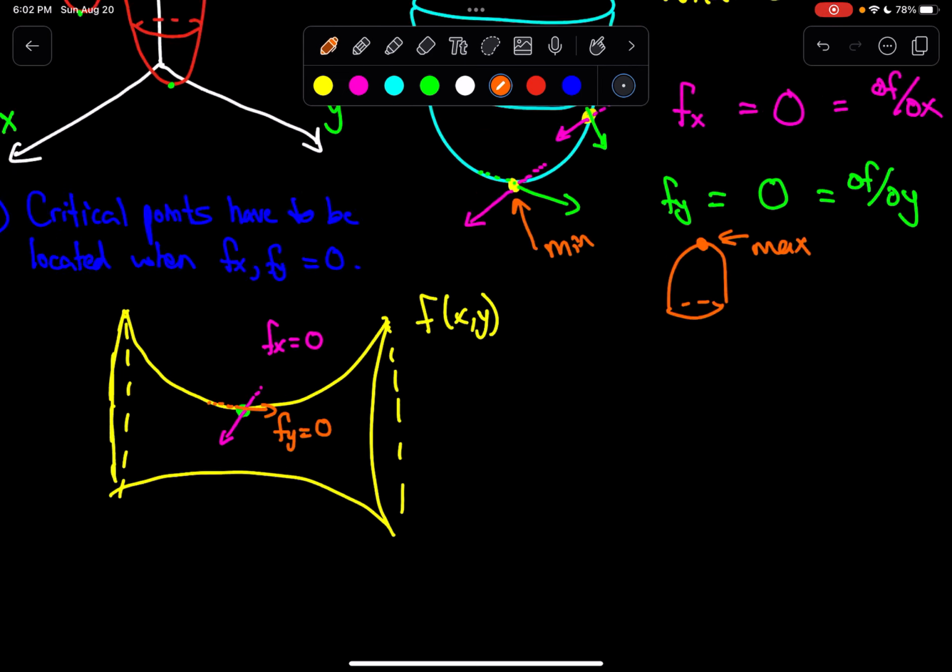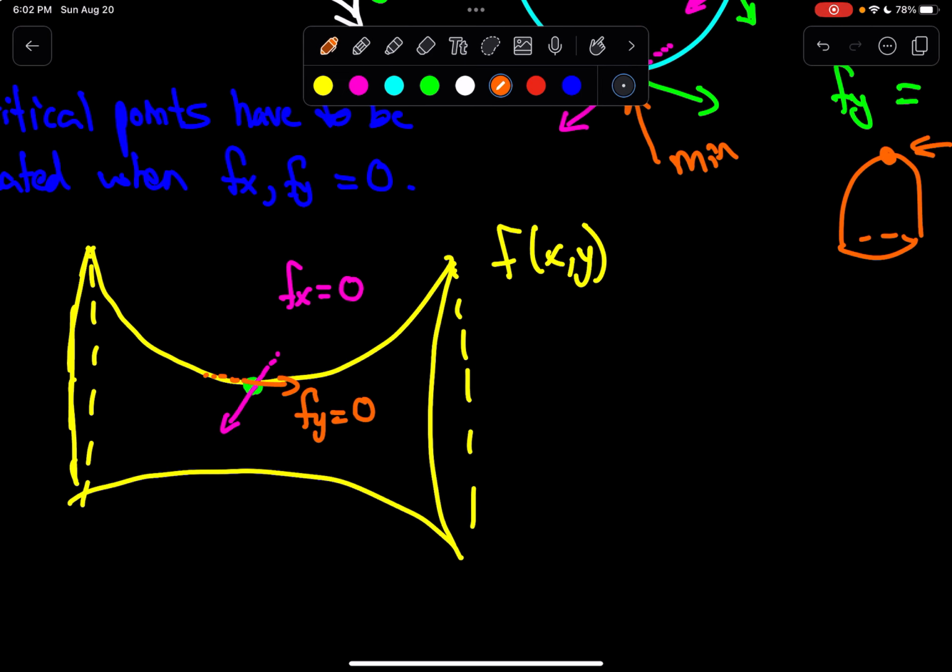And how do we know that? Let's zoom in a little bit. Let's think about it. If I go over here, if I kind of go down this trumpet looking shape right here, clearly I've gone lower in at least one of the directions, in the z value direction. My f value is clearly lower.